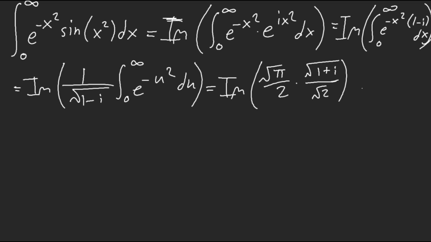So after conjugating it, let's see, how do we simplify this? So the most difficult part is this right here, right? So 1 plus I, let's see, if we think of this in terms of cosine of something that equals 1, cosine of 0, but then sine of 0 is 0, so we can't do that.